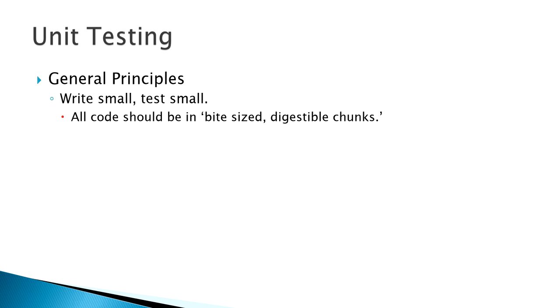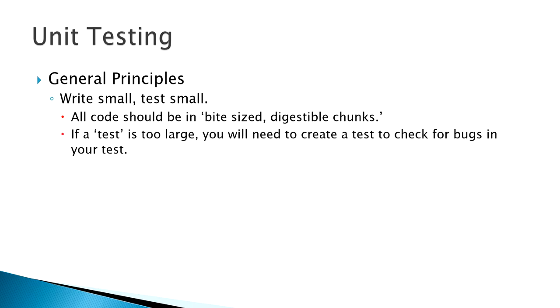So some general principles about software development, and especially when we start coming to doing unit testing. This is another common phrase you might have heard: write small, test small. Code should be written in bite-sized, digestible chunks. Reasonable, but digestible chunks of code. And that way, the test itself can correspond.